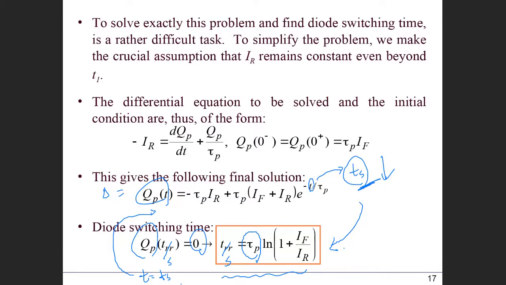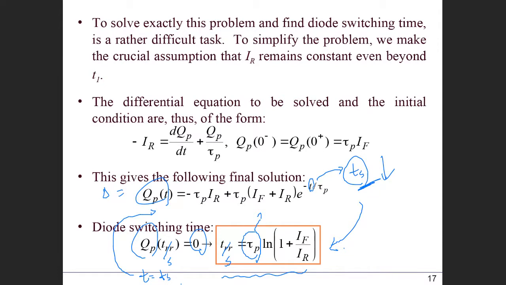Typically this happens in the diode: if we put some defects there, we can actually reduce the carrier lifetime. So that way we can reduce tau p to improve the TS response.